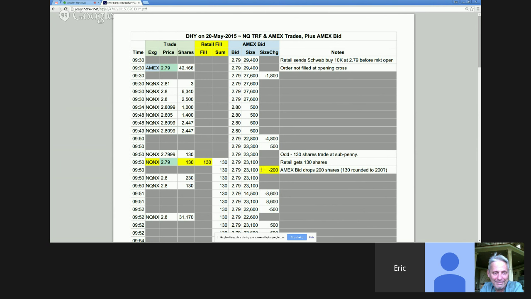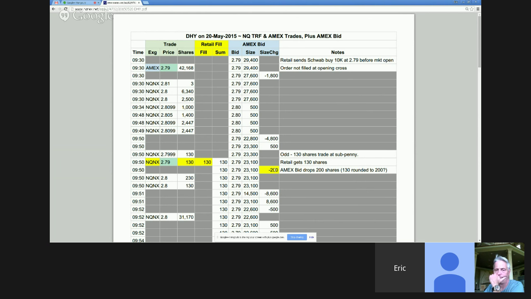And what else is interesting is immediately after that trade execution, we see that the size bidding at the American Stock Exchange drops by 200 shares. Now, the size will always be in round lots or even numbers of 100. Right.